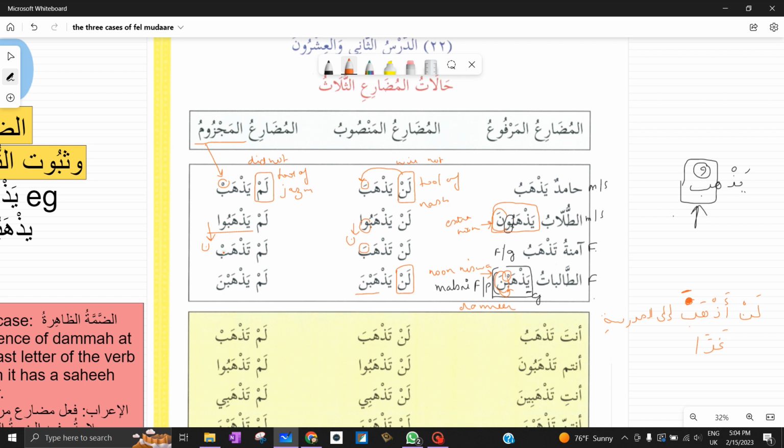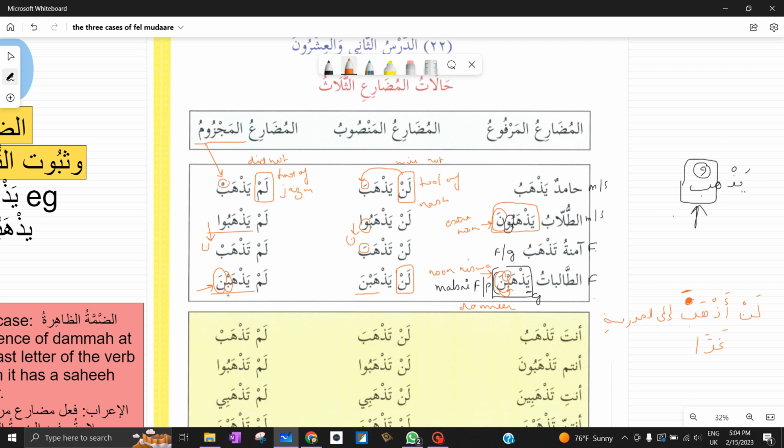This is the explanation. Now let's see for the feminine singular. Lam tazhab. Same, ba with sukoon. Lam tazhabna. What happens with feminine plural? As I told you, this is noon niswa. How do you recognize? The letter previous has a sukoon. That means this is definitely a noon niswa and it is a damir. It cannot be deleted. So this will remain in its original form.